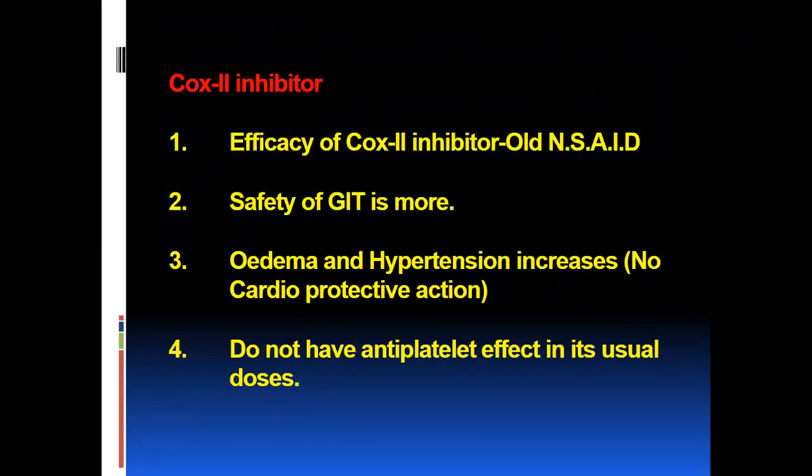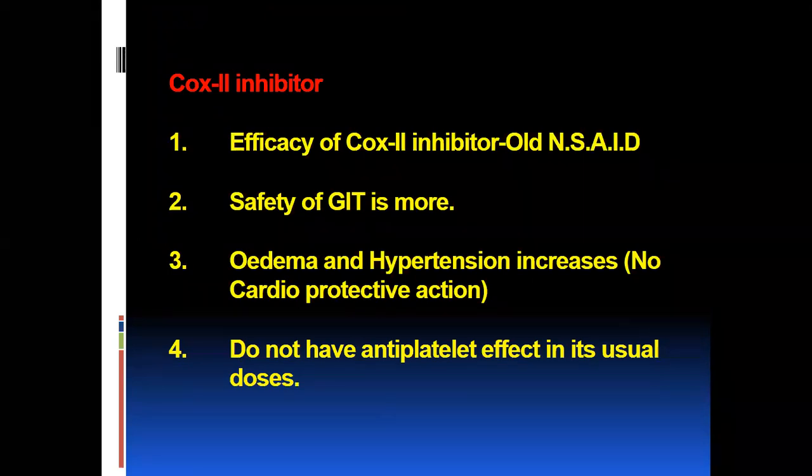Now, COX-2 inhibitors: the efficacy of COX-2 inhibitors is equal to the old non-steroidal anti-inflammatory drugs, that is the salicylate group of drugs, which are further divided into the non-acetylated and acetylated groups. These all have the same efficacy.